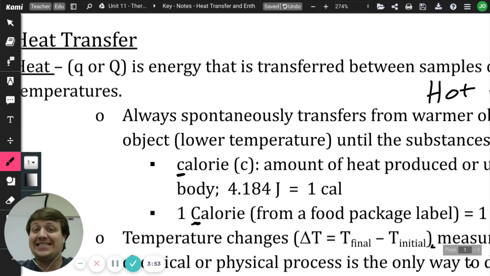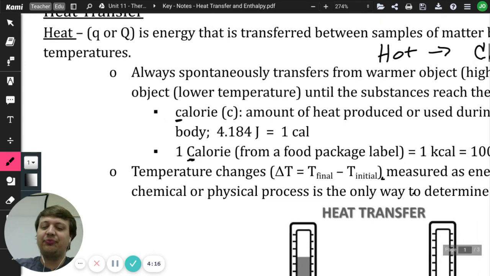Now, the big C calorie is actually what we find on the food label on the back of a bag of chips or a candy bar or something like that. So when we look at the big C calorie, it is a kilocalorie. So what they tell you on the back of a bag is actually 1,000 times more than the number that they're actually telling you. Okay?